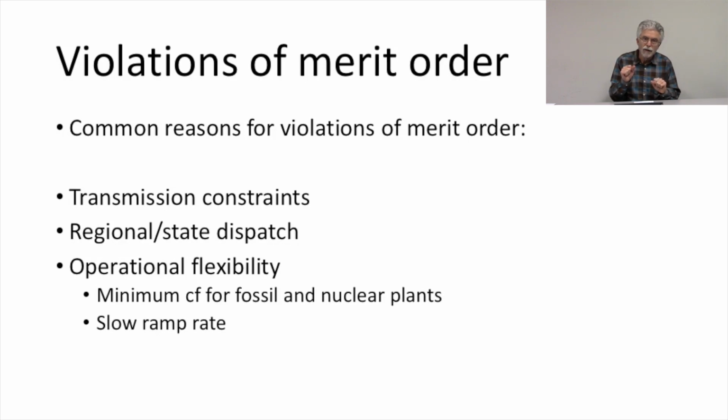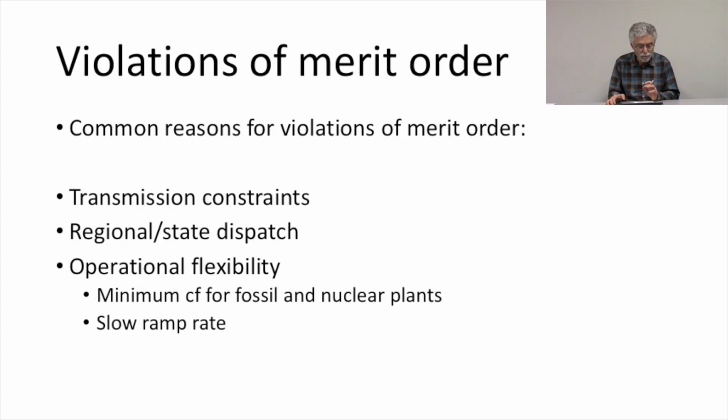Even if the nuclear plant were the lowest marginal cost in abstract terms, because it ramps so slowly and is so costly to ramp, its true marginal cost would be much higher, and you wouldn't dispatch it. Over a short time, the ramping costs would swamp the benefit of generating the power. So a slow ramp rate, minimum capacity factors, things like that could cause you to violate merit order.